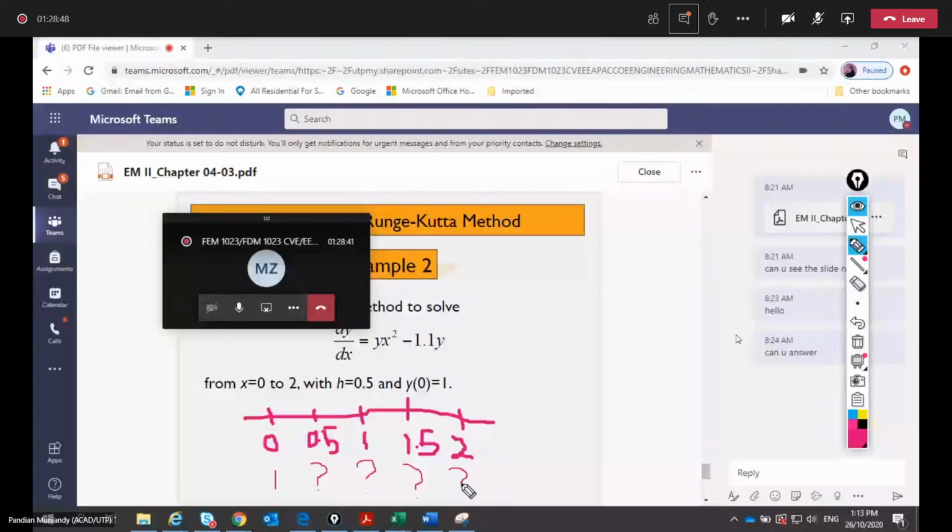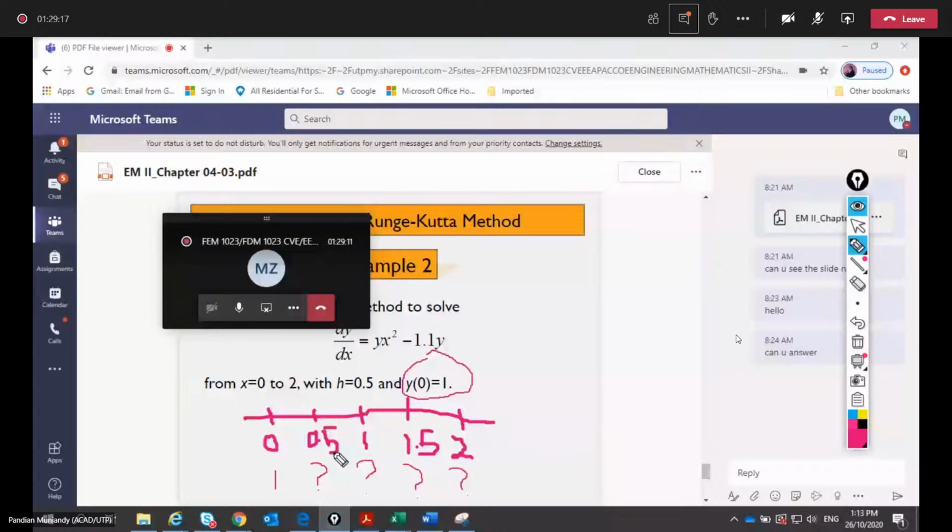So using y naught equals 1, we have to estimate our y at x 0.5. That is the first iteration, using the fourth order Runge-Kutta method. Other methods are not allowed. And then find y at x1.